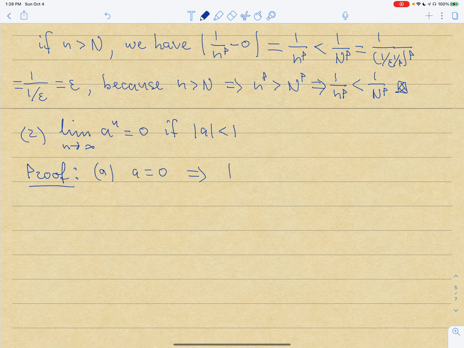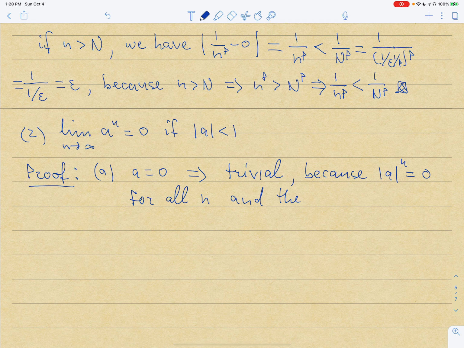And then the proof is trivial because a to the n is equal to 0 for all n, and the limit of a constant sequence is that constant.